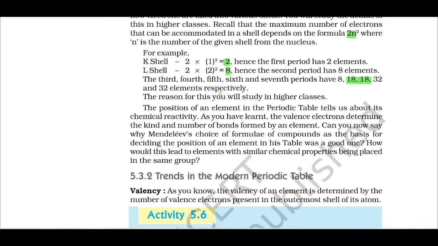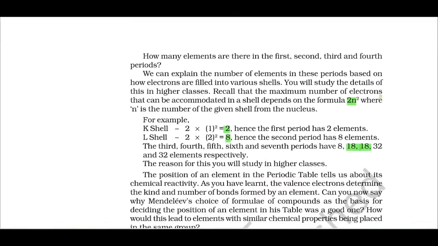But in the period, the elements are placed based on what? 2n square rule. The number of elements in each period depends on the 2n square rule. Placing of the element in the period depends on its valency and the shell. If it has the same shell, it is in the same period, but valency will be different.